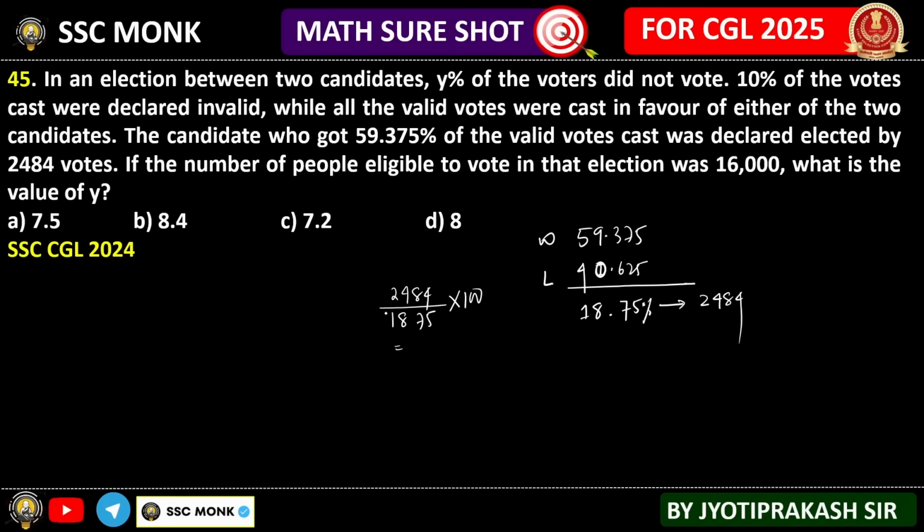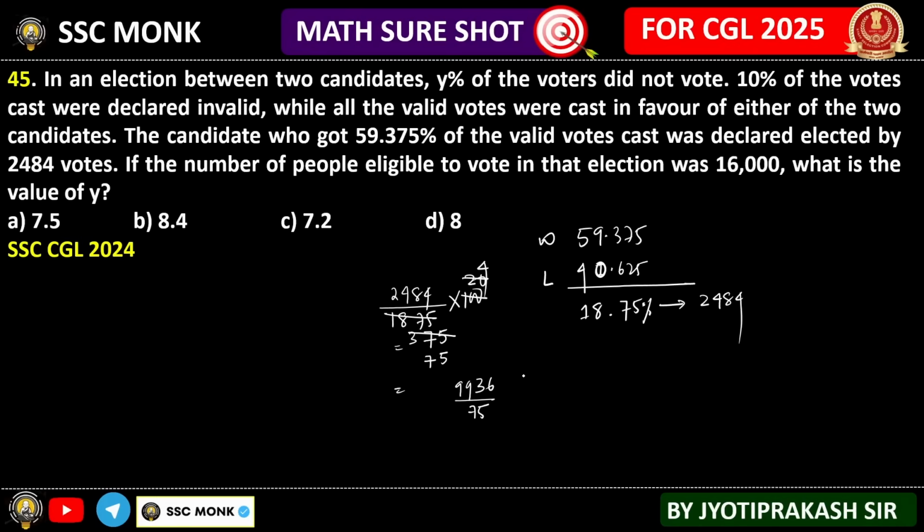Now if I solve it, 5 3s are 15, 5 7s are 35, 5 5s are 25, so 4 comes out. Clear? If I multiply 4 here, 4 4s are 16, 4 8s are 32 plus 1, 33, 24 4s are 96 plus 3, so 9936 divided by 75.